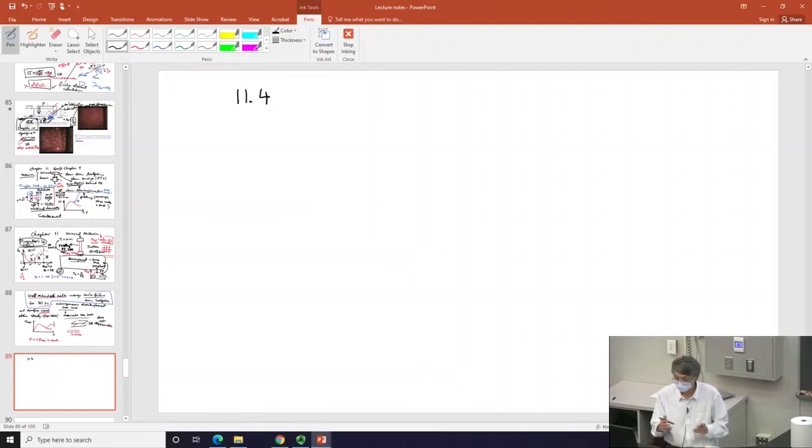So after introduction of these 4 regimes, I want to jump to a key part of this chapter, which is the last part of it.